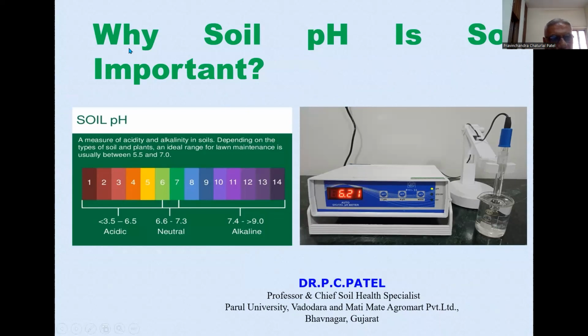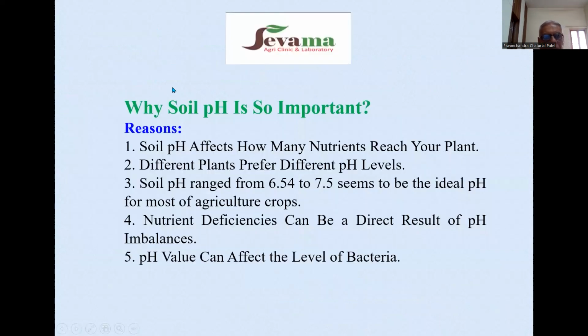So today the topic of my YouTube is why soil pH is so important. There are 5 reasons. Soil pH affects how many nutrients reach your plant. Different plants prefer different pH levels.